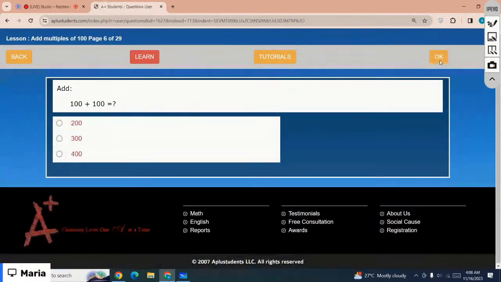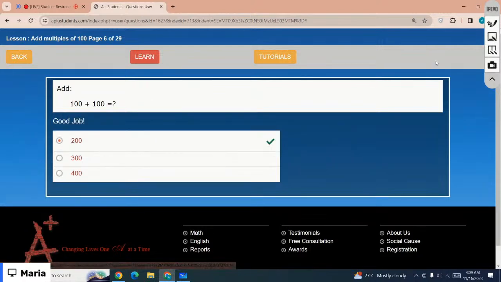Very good. Okay, the next one is add 100 plus 100, so which is the correct option? Yes, very good. That is 100 plus 100 equals 200, because they have the same number of zeros and same digits. So you just have to add the non-zero values. They are 1 plus 1, that is 2.